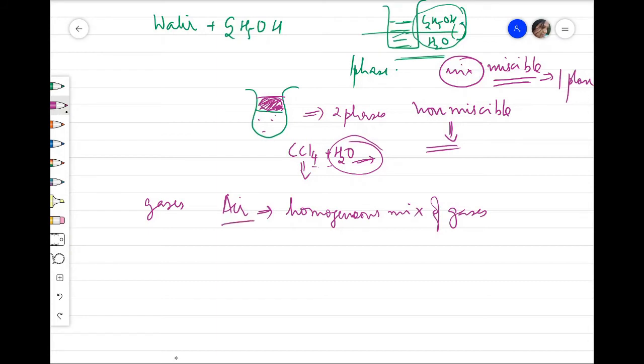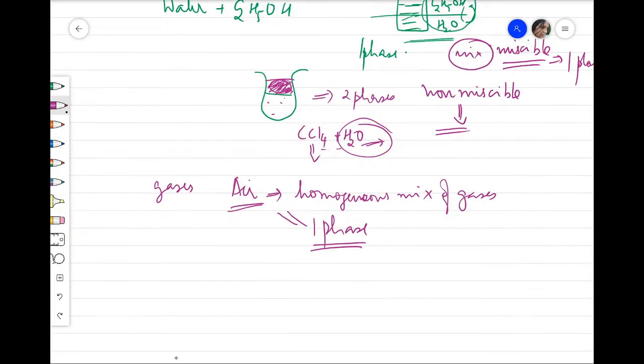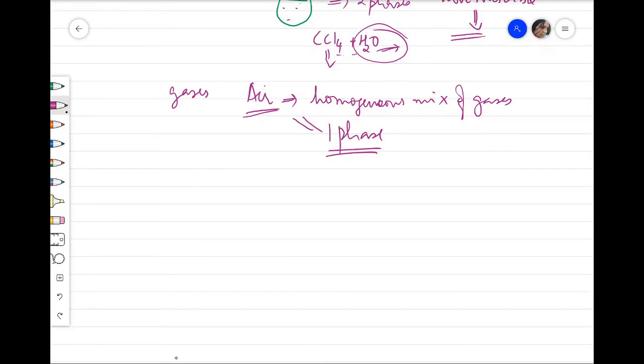So remember, any gas, not only air, however many you take, if you mix them, they will all be only one phase. In the gaseous state, whether you take nitrogen, oxygen, neon, carbon dioxide, argon, helium, whatever gases you mix, we are going to get it as one phase.